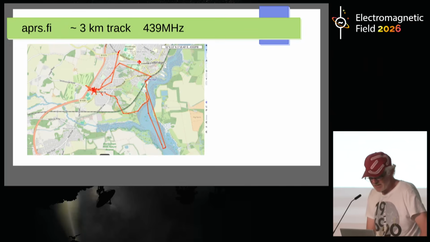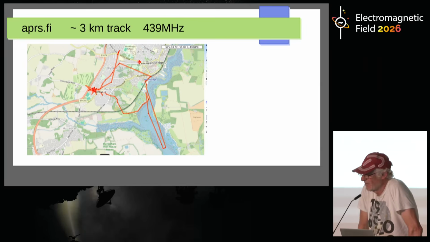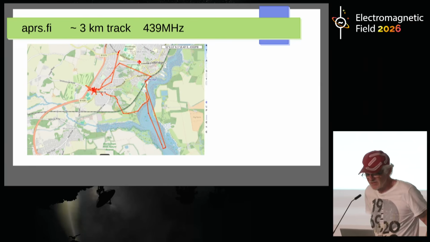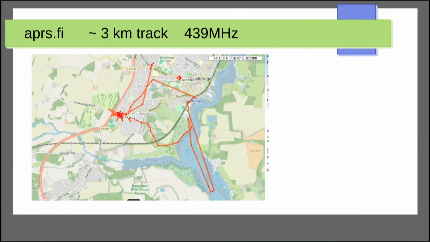Right, so this is APRS.fi, which tracks all APRS transmissions on 144.8 megs for 2 meters. How I got this track was at my house in Woodbridge, or Wendy's house, I should say. I put an aerial up there and implemented an iGate with one of the LoRa modules.